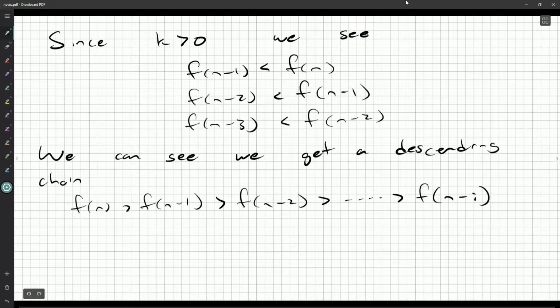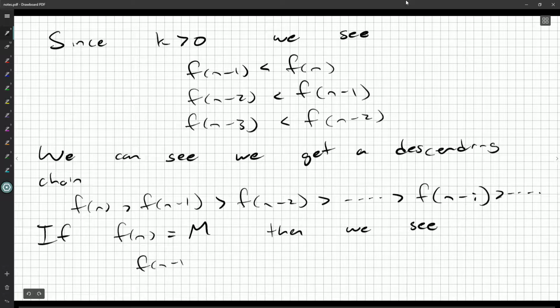Now, where can we go from there? So we just keep getting a descending chain. We can keep going further and further back. The inputs, we can keep making them less and less. So we could say something like, if f of n is m, then we see f of n minus 1 can't be equal to m. It's got to be less than it.